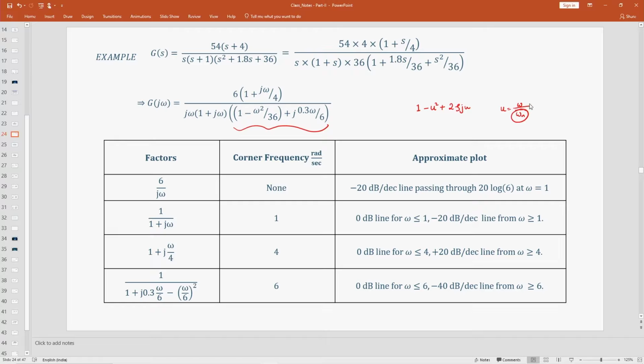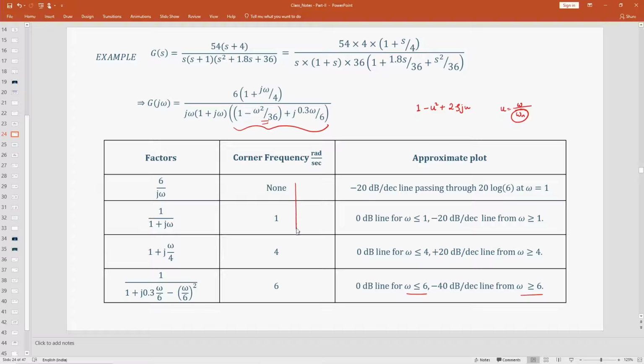Corner frequency means the frequency at which there will be a change in the slope. In this case, omega equal to 6, because you see this is u square, which means omega by 6 whole square. So, omega n is 6, and this is the corner frequency. For omega less than or equal to 6 we have a 0 dB line, and for omega greater than or equal to 6 we have a minus 40 dB per decade line.